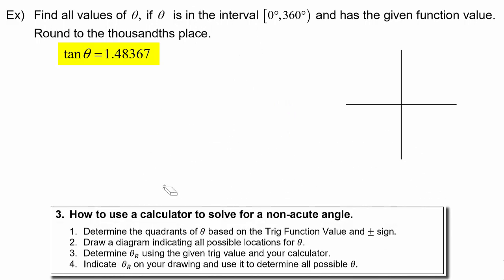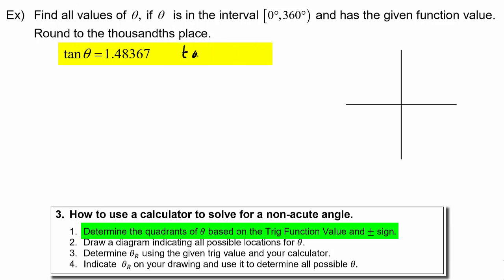Step 1 says to determine the quadrants of theta based on this trig function value and its sign. So we notice that tangent of theta is a positive number.